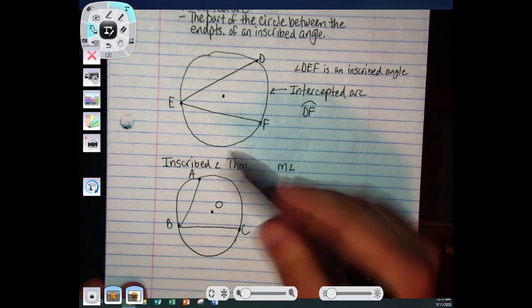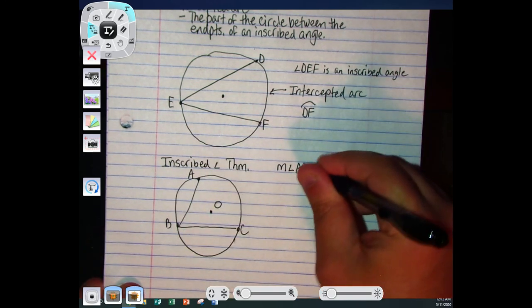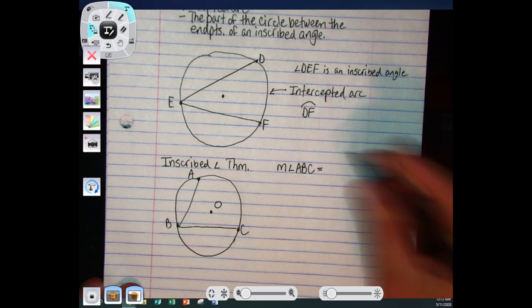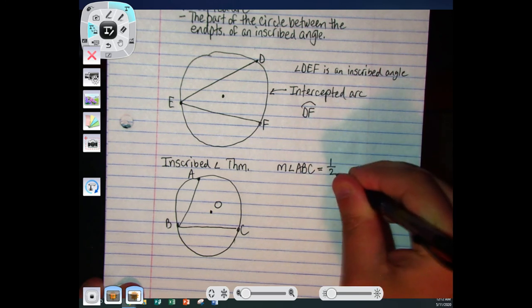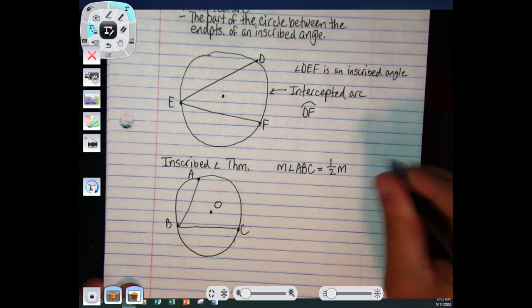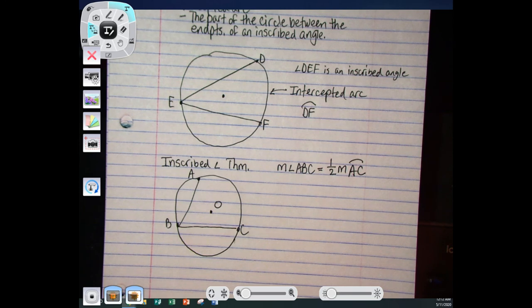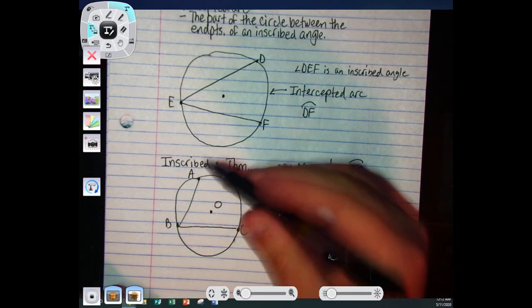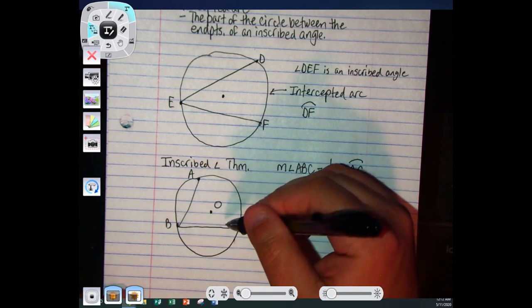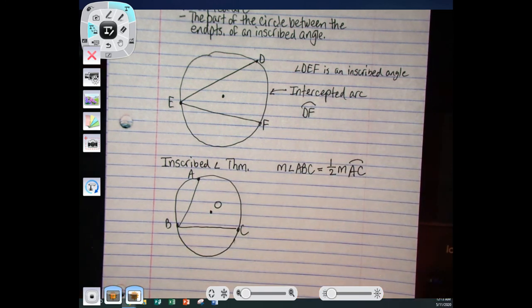So we know that the measure of the inscribed angle, ABC, is equal to 1/2 the measure of the intercepted arc. So in this case, it would be arc AC. So again, the measure of the inscribed angle, ABC, is equal to 1/2 the measure of the intercepted arc.